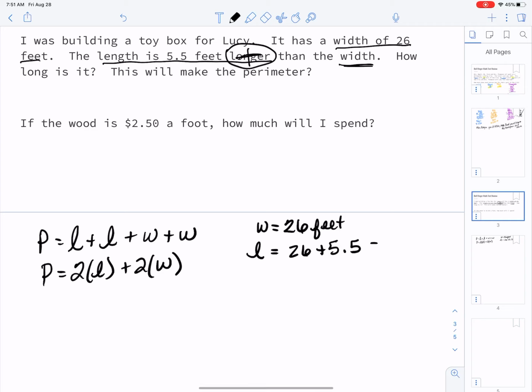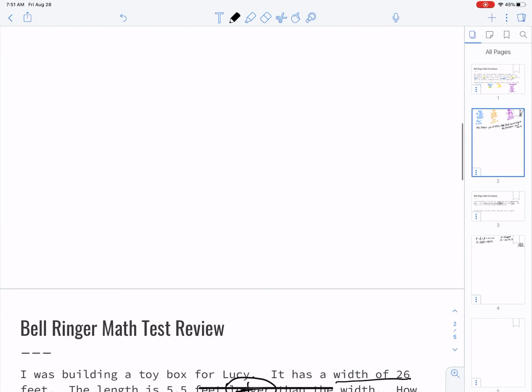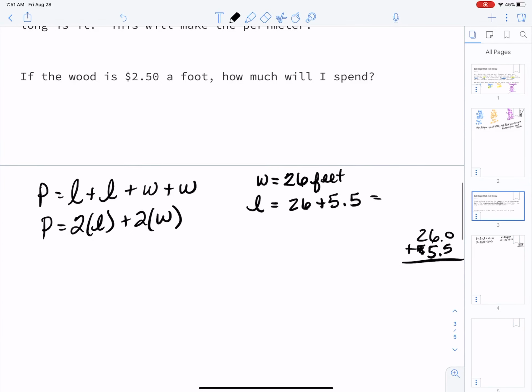Okay, which if I do my math, 26 plus 5.5 is 31.5 feet.